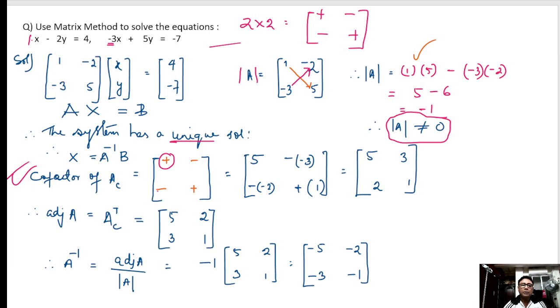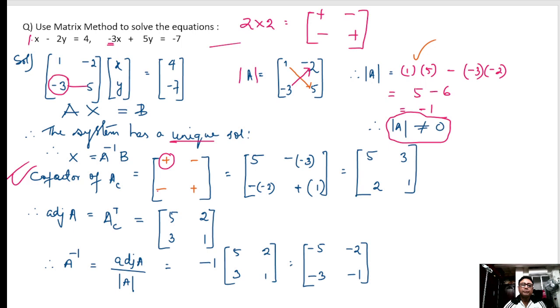Next, for this position, leave this row and this column. So what is left? Minus 2. In place of minus 3, write minus 2, but there is a minus sign here, so give a minus sign in front and write minus 2.